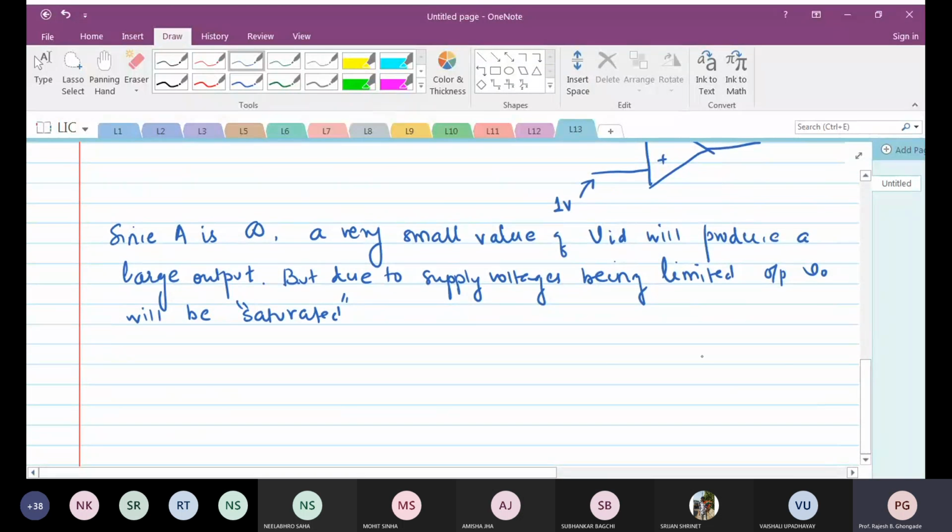In fact, this is also what we saw yesterday when we talked about the transfer function of the operational amplifier, if you remember that. Transfer function was something like this.